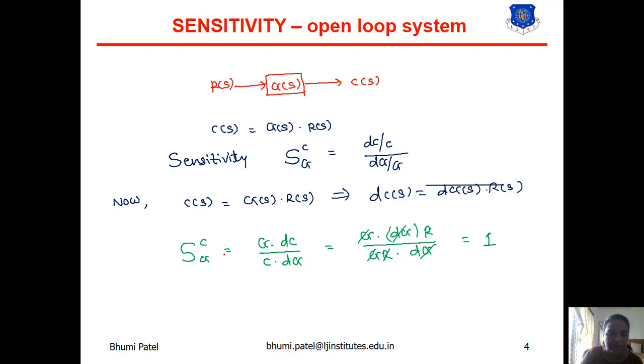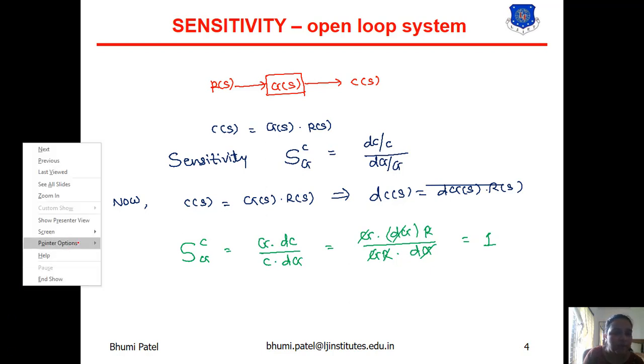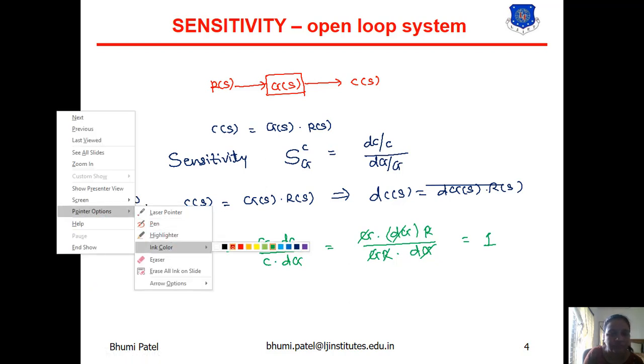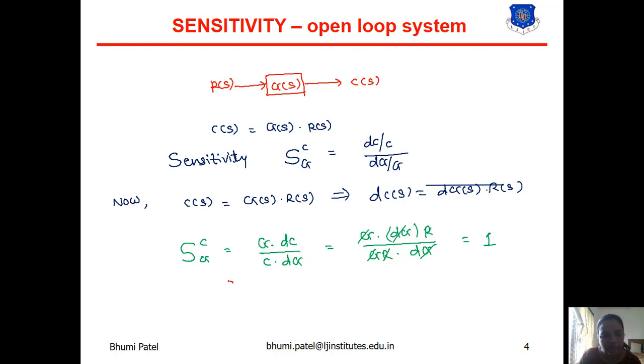So the sensitivity of the open loop system, S of C with respect to G, is equal to 1. Therefore any change or uncertainty in the transfer function of the open loop system is directly reflected in the output of the system.